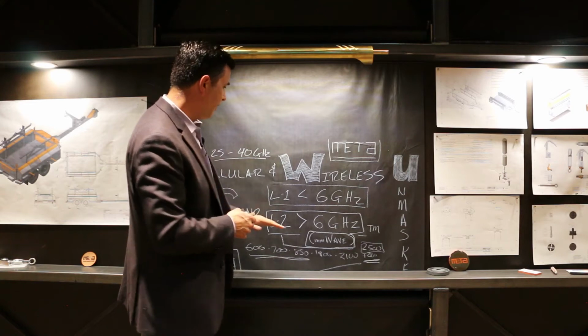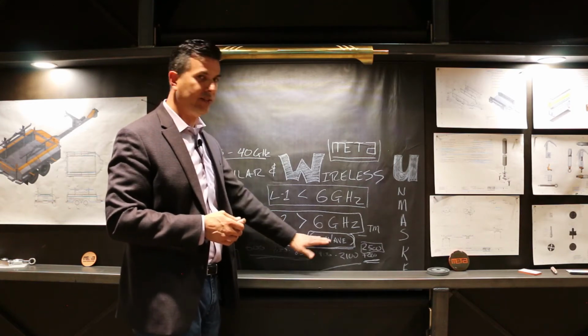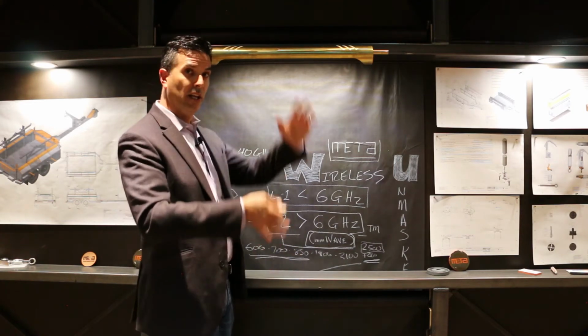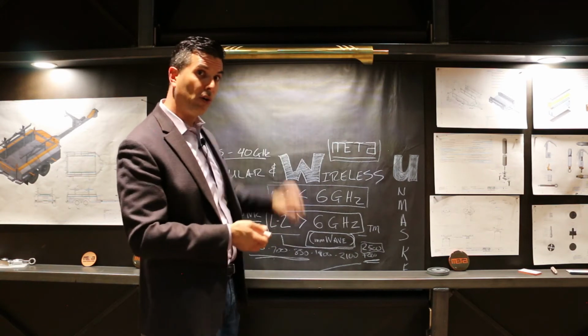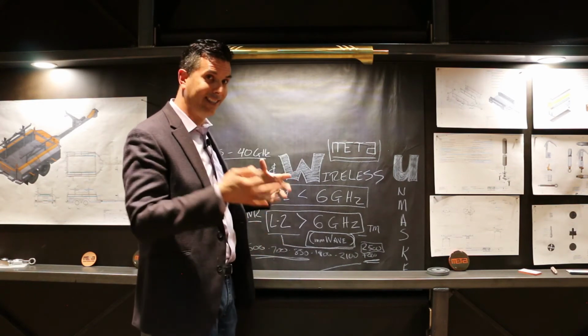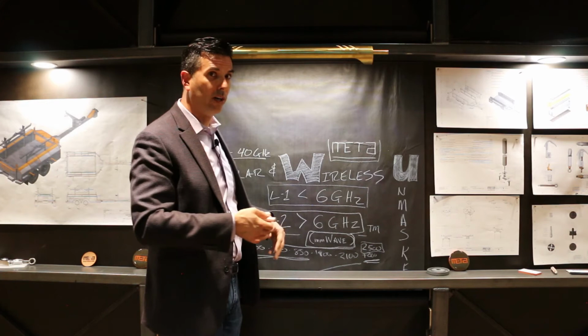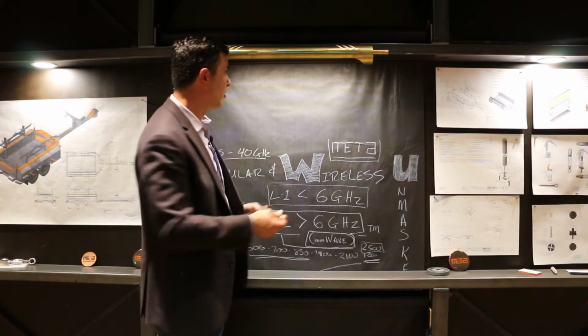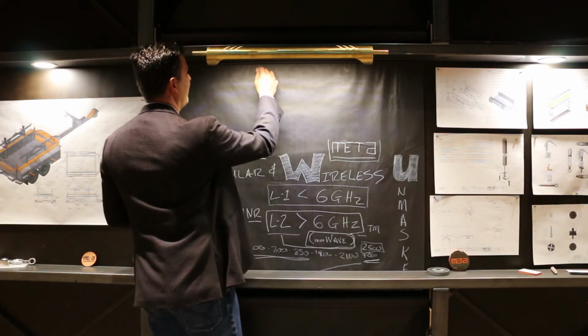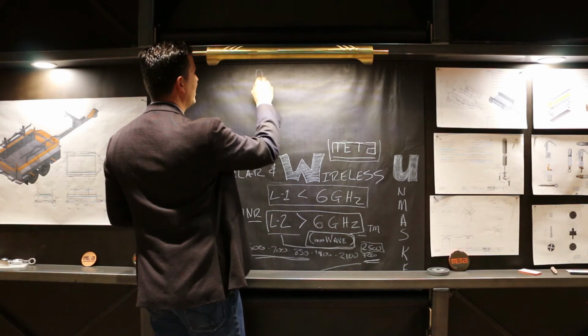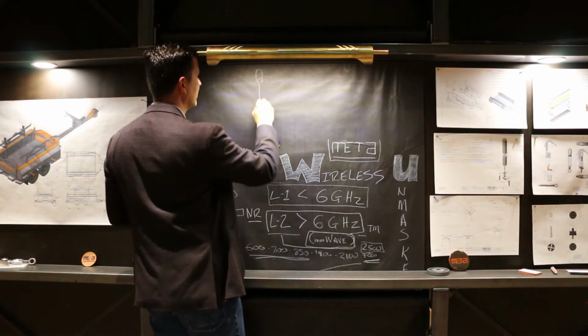So the vast majority of your millimeter wave sites are going to be small cells, the light poles, the wooden poles that are right in focused areas like downtowns, around airports, and places where people congregate.